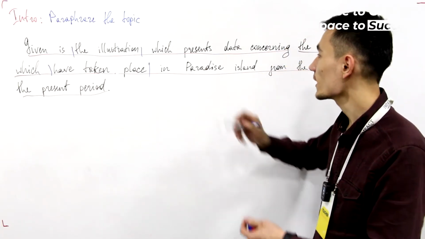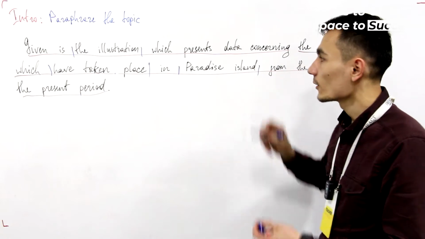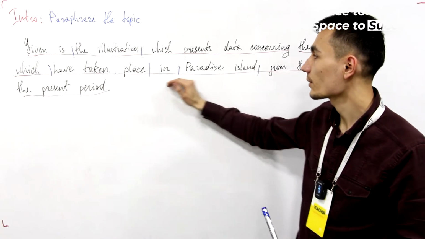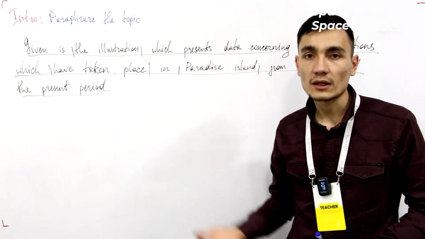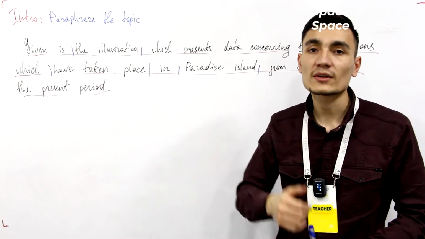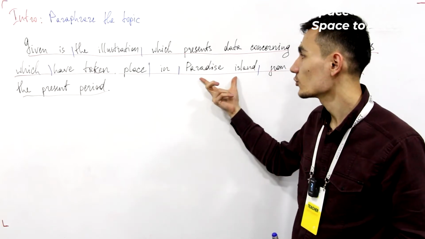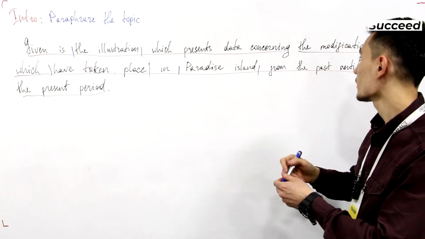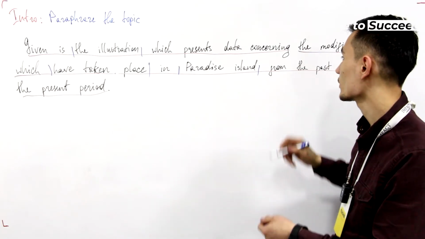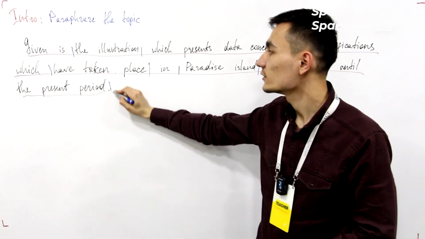And in this part, you just basically change the place after the word in. It can be in a village, it can be in a town, it can be the name of the place that you are describing, which you just have to change. And from the past until the present period, you can just change the structure too.